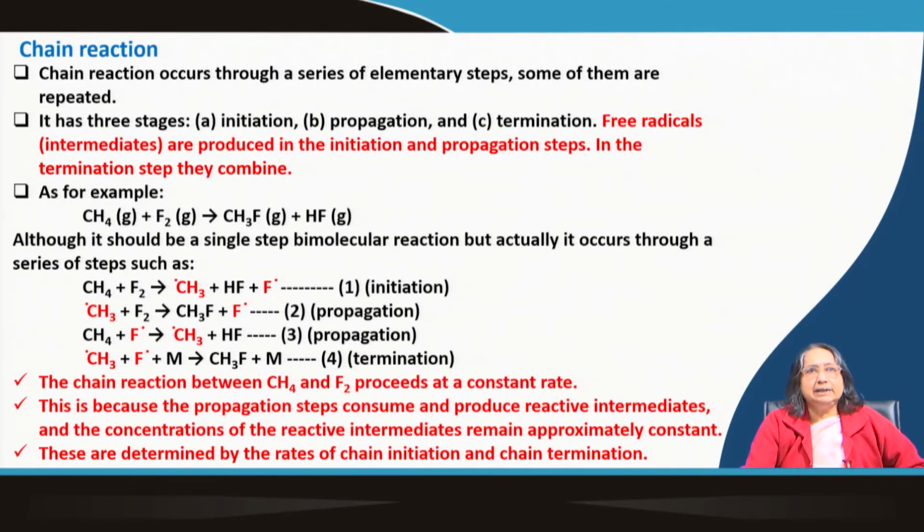These free radicals are called intermediates, and the concentration of the reactive intermediates remains approximately constant. That is why the rate is also constant. These are determined by the rates of chain initiation and chain termination. You will see this when I discuss radioactivity, where this type of thing happens for radioactive elements.